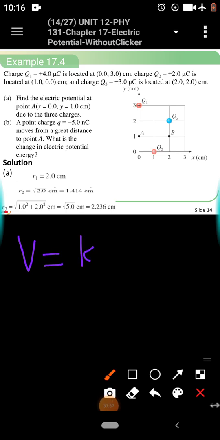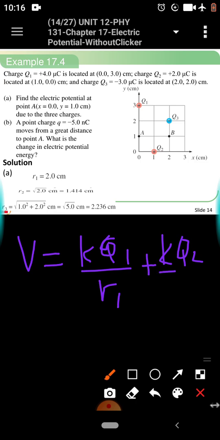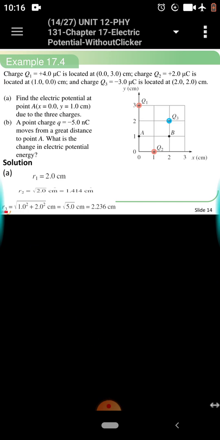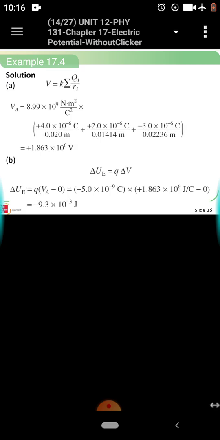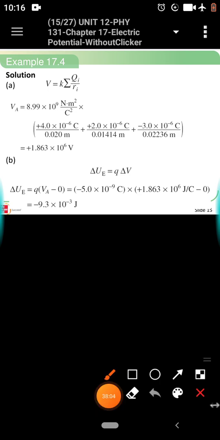We have K times Q1 over R1 plus Q2 over R2 plus Q3 over R3, and then do the substitutions. This is what they did on this side, and they got this as the electric potential.